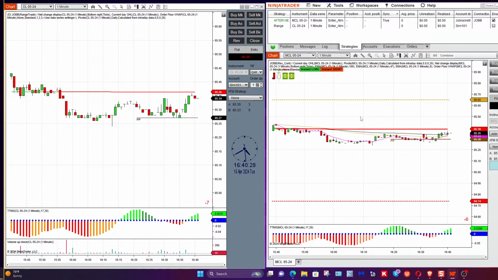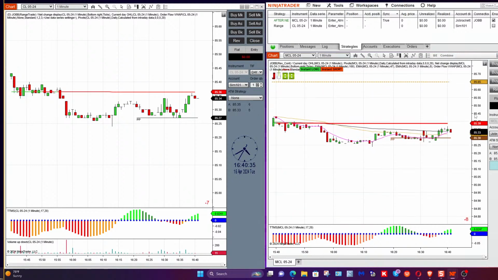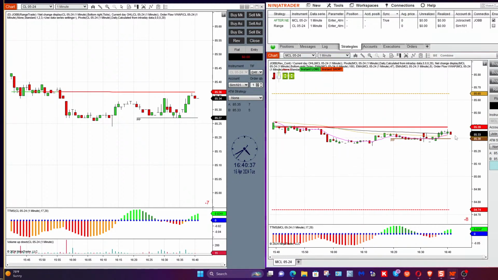4.09 million on the build. 4.09 on the build. Price has been pushing up. I'm not interested, I don't think, in taking a short. Now, that's the only direction I would go. If you're going to do anything, you would take a short.